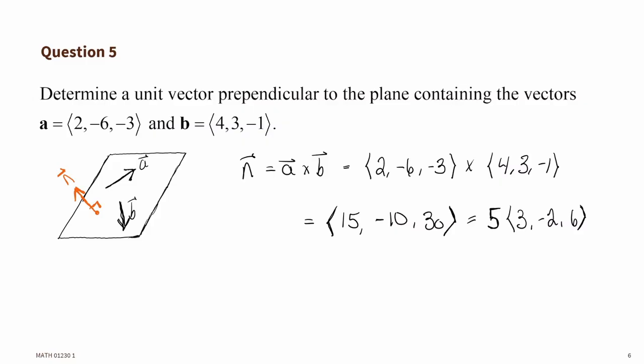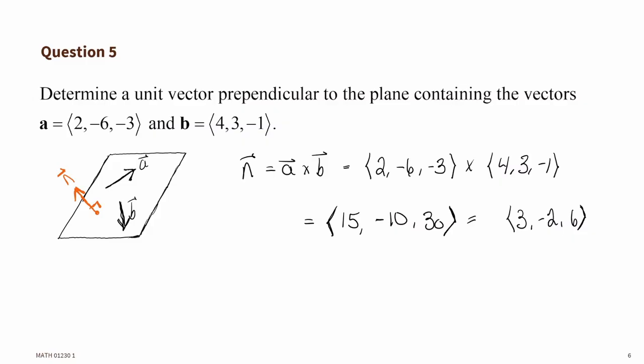What would happen if I just get rid of that 5? It's still perpendicular. The magnitude changes, but that doesn't change the direction, does it?